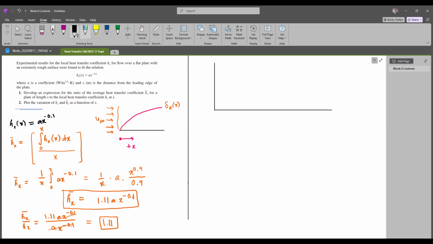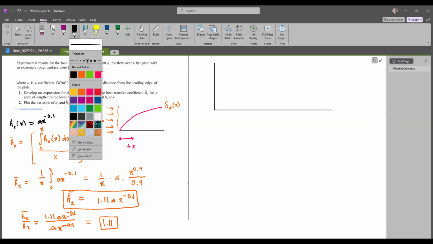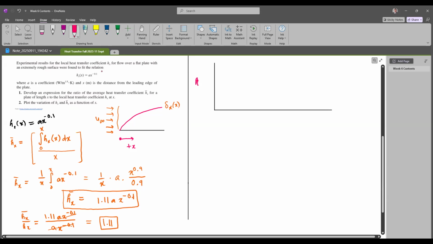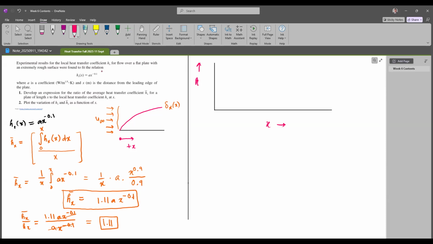So let this be our h and let this be our x. So hx would be, let's say, somewhat like this. You'll have to think a bit about why I'm drawing it like this. It is because as x goes on increasing, the hx value goes on decreasing. Now, but hx bar is almost like 1.11 times hx. So that is probably going to give us something like this.